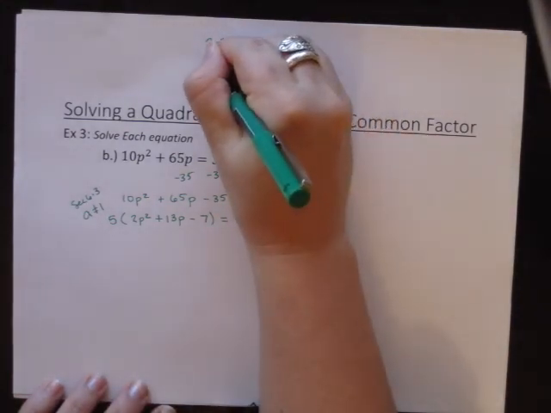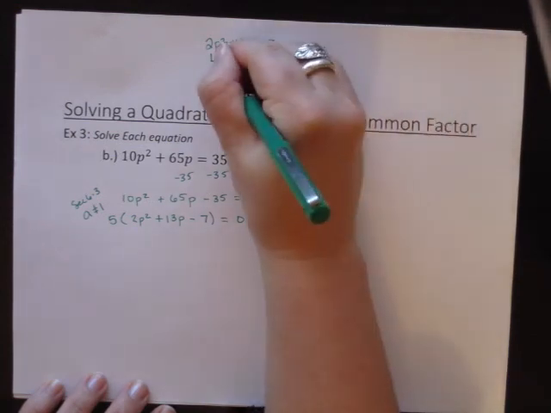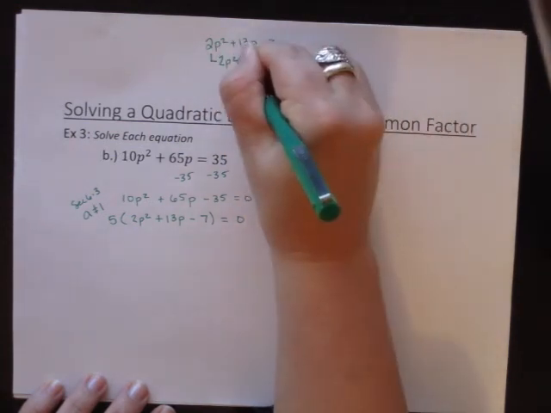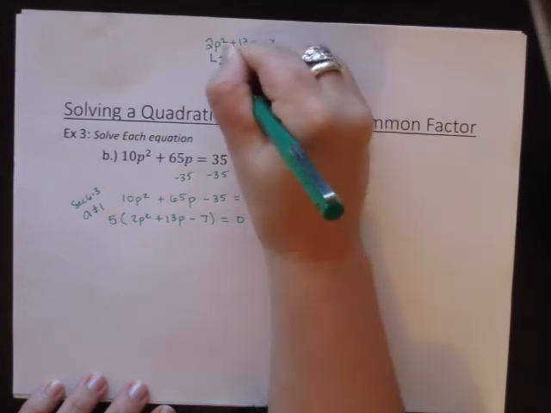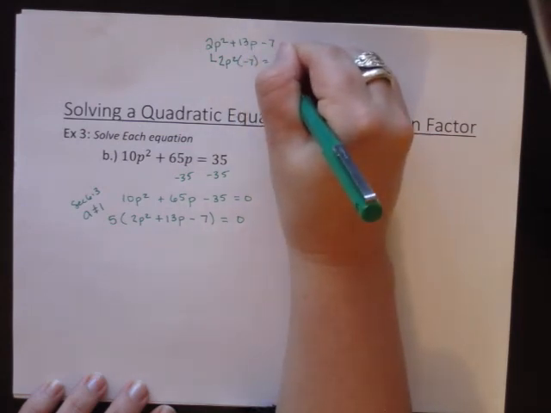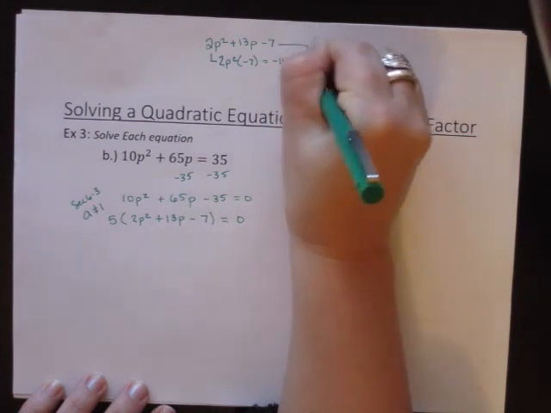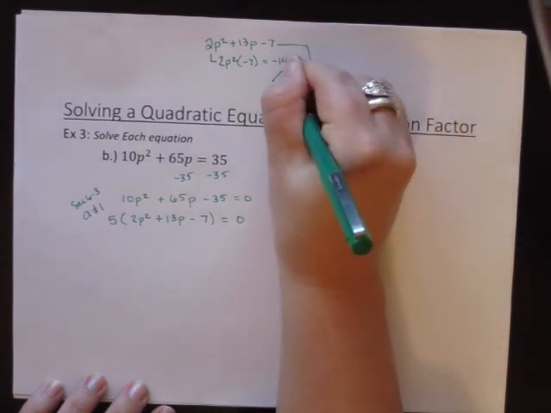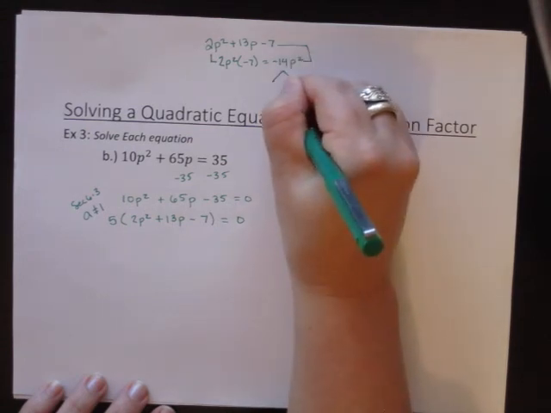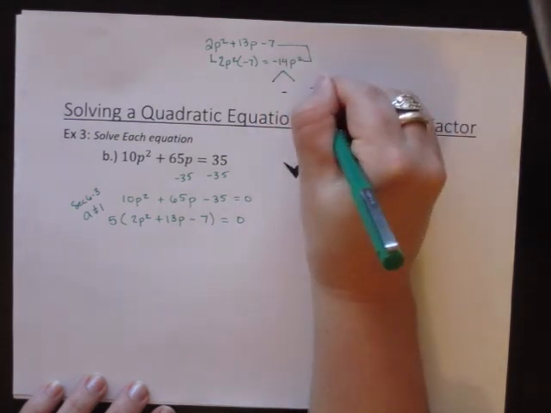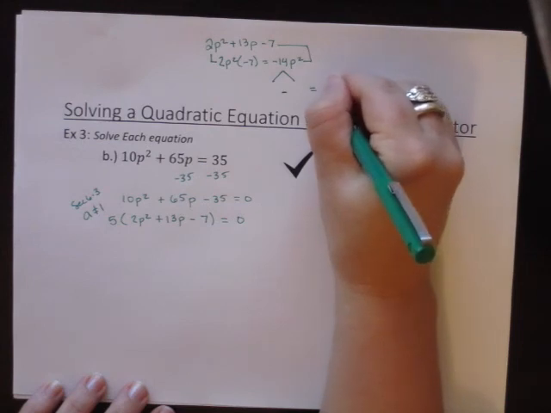Alright, so when I have an a does not equal 1, I have to take my a times my c. So I go 2p squared times negative 7, which 2 times 7 will give me 14, so it's going to be negative 14p squared. That's step 1. Step 2, since it's negative, we know that it's going to have to be subtraction in order to get to our b, which is 13p.